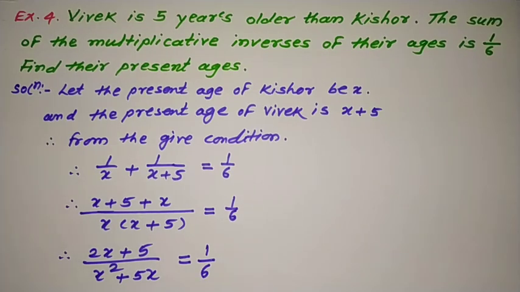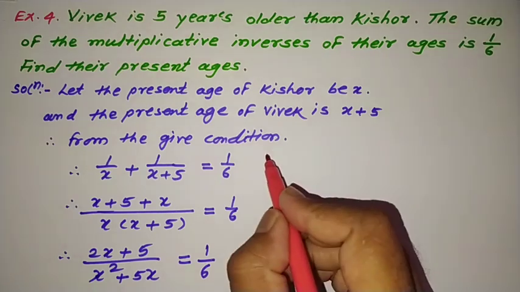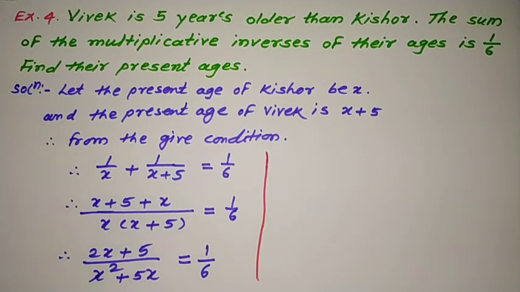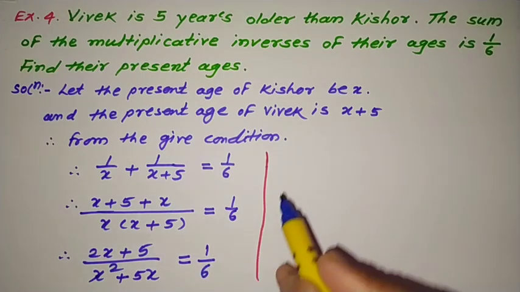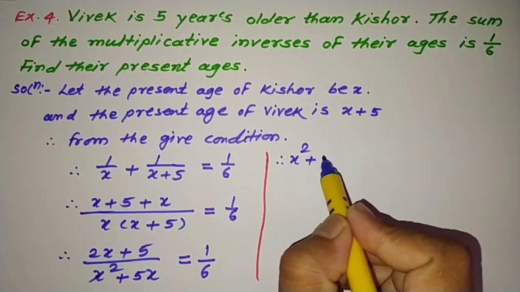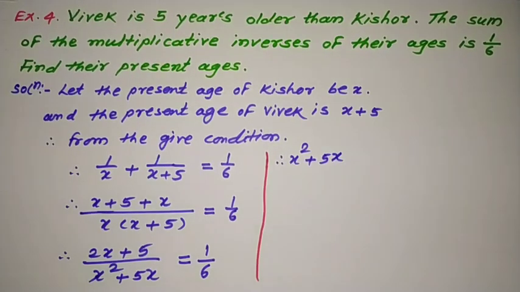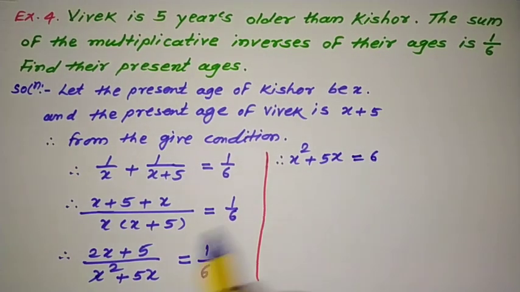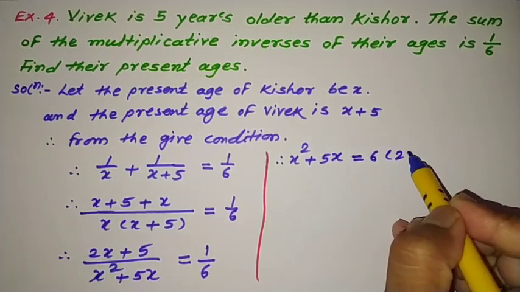These two ratios, cross multiplication: x square plus 5x into 1 is x square plus 5x, equal to 6 into 2x plus 5.